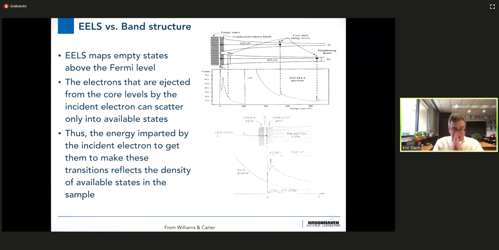So this is just like XANES. We can learn the same things about oxidation state. We can learn about how oxidation and reduction of a material change the conduction band. But again, in the case of the EM, we can do this at the atomic scale. The next slide here shows that very cleanly.